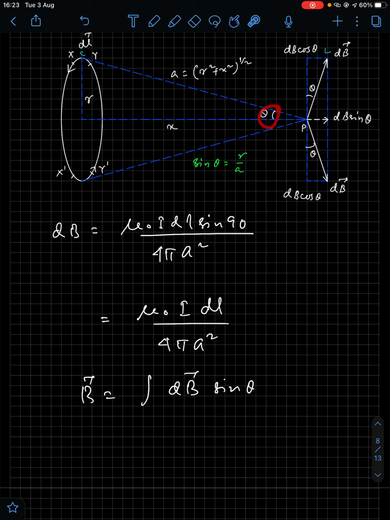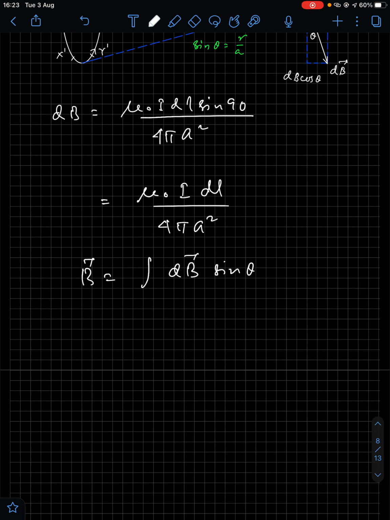Perpendicular by hypotenuse, isn't it? So if this is theta, then perpendicular is r, hypotenuse is a. So r by a you have for sin theta, and dB value we already have it. So in place of dB you can write down mu naught Idl divided by 4 pi a square into sin theta.